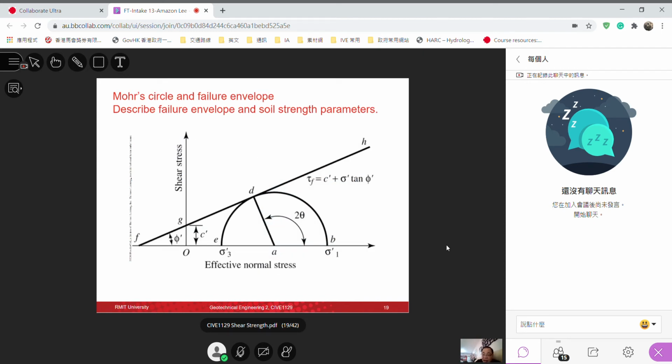OK。Another thing in here is the, from the major principal stress plane, if you remember how to manipulate those Mohr circles, from the major principal stress plane, you measure to here. This right here is the failure point.